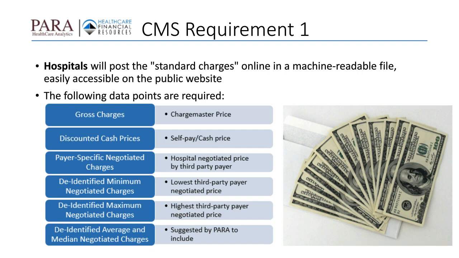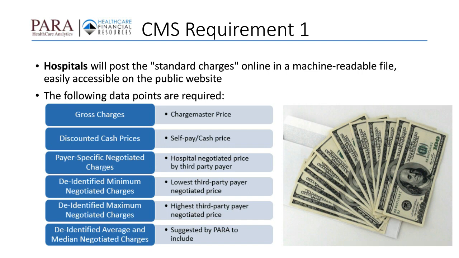CMS is requiring the identification of the following data points: the 5 standard charges for each listing in the entire CDM. First, the charge master price or gross charge associated with each line. Second, the self-pay or cash price, or a self-pay discount or other self-pay term is factored in to report the discounted cash price.